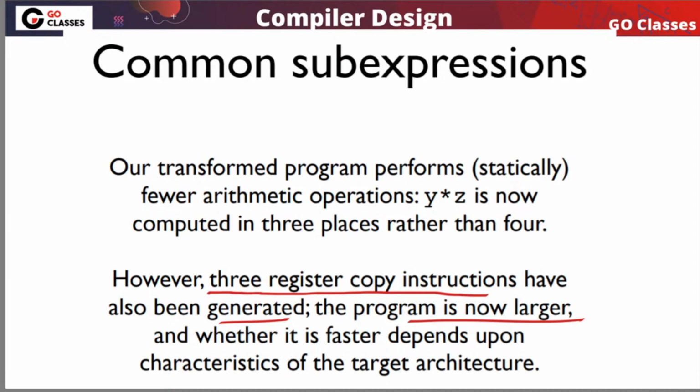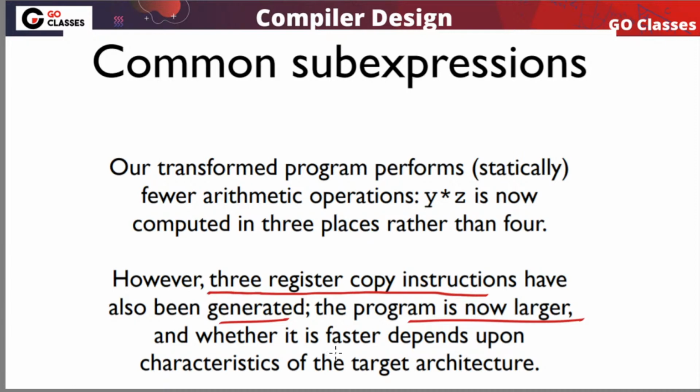Now, has it become slow or fast? It will depend on the architecture. Whether this program has become slow or fast will depend on the target architecture. So remember, don't think that common subexpression elimination will always speed up your program. It is not necessary.